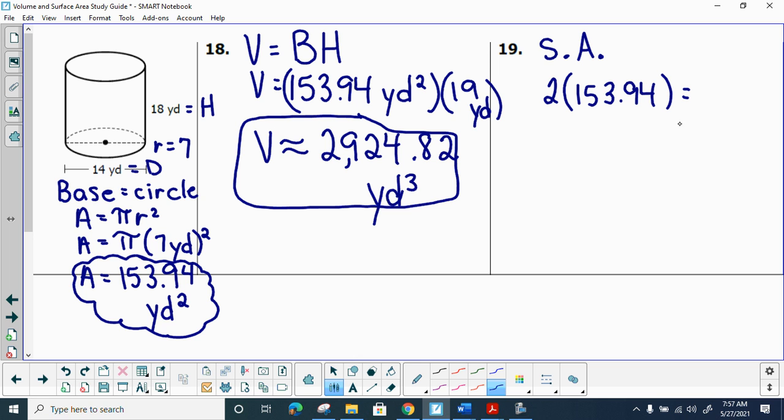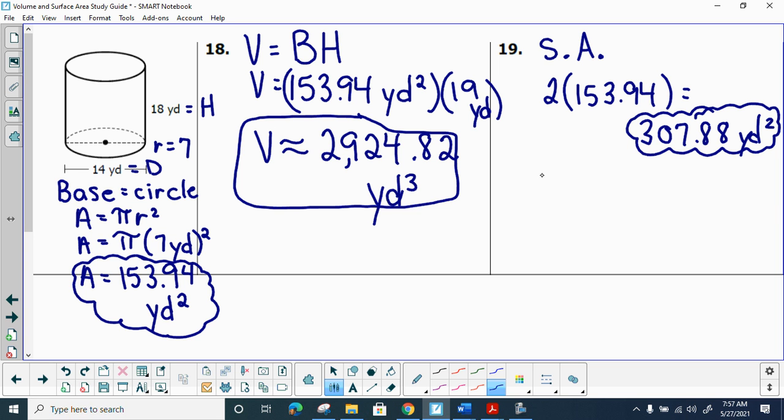Which is about 307.88 square yards. Plus the circular sides, like the sides of the can of soda. Okay.